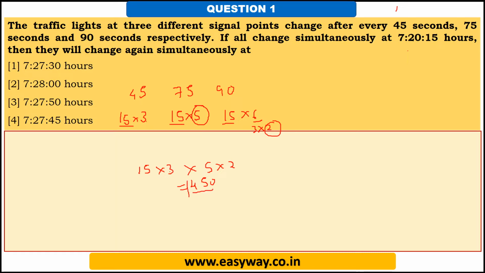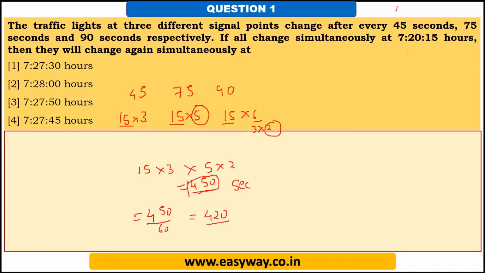Now the 45 seconds, 75 and 90 are in seconds, and we are getting 450 seconds. But we want the answer in this format, so we have to convert 450 into minutes and seconds. How do we convert seconds into minutes? By dividing by 60, because 1 minute has 60 seconds. So 450 upon 60. 450 is not divisible by 60, but 420 is.